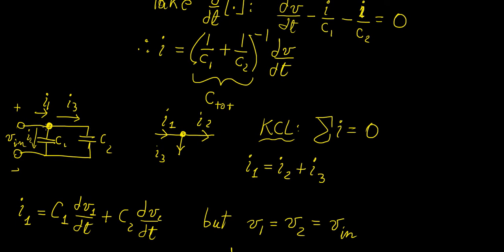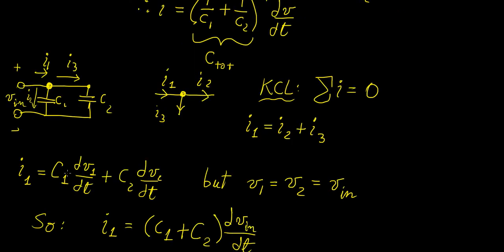That means that the potential over here and over here is going to be exactly the same as it would be over here at the power supply. So essentially V1 and V2 are both going to be equal to V in. And that means that we can simplify this expression by just taking the sum of C1 and C2. So the interesting thing here is that capacitors in parallel actually add up as if they were resistors in series.